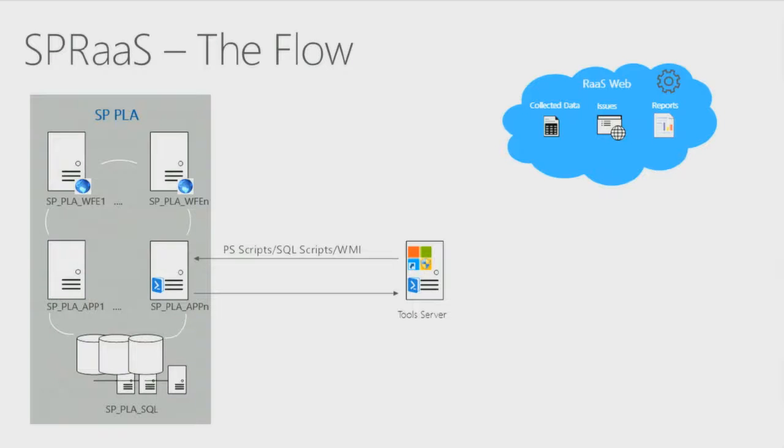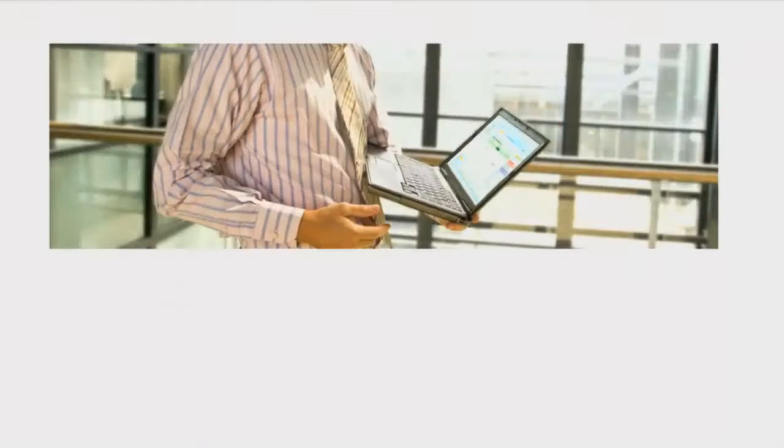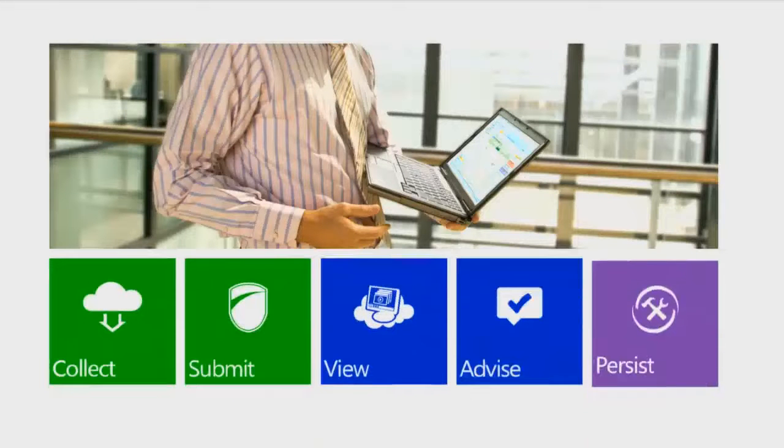So to sum it up, you collect the data against your environment by running the toolset, you submit it to the cloud via secure channels, and then you'll be able to view the results almost immediately, which are available for you 24/7, anytime on the web. And then our SME will advise you about the remediation planning for the issues.